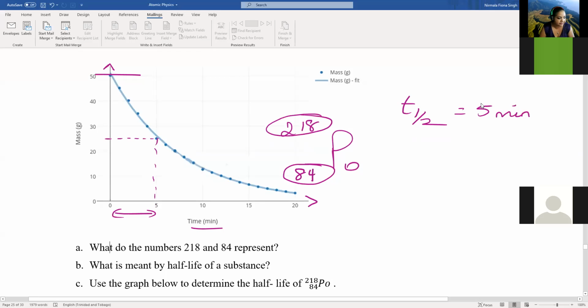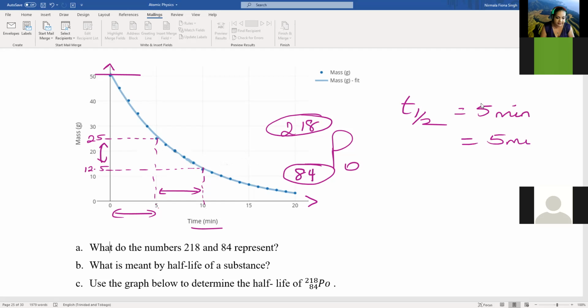What is half of 25? It's 12.5, so 12.5 will be somewhere around here. You read it down and see that the time it takes to go from 25 to 12.5, from 10 minutes to 5 minutes, is also 5 minutes.